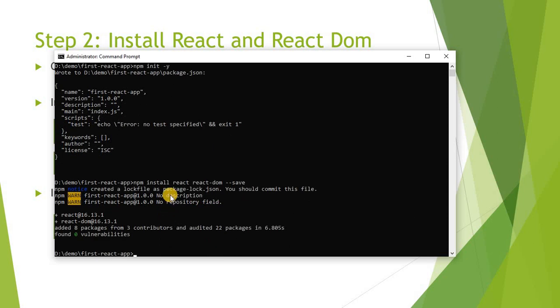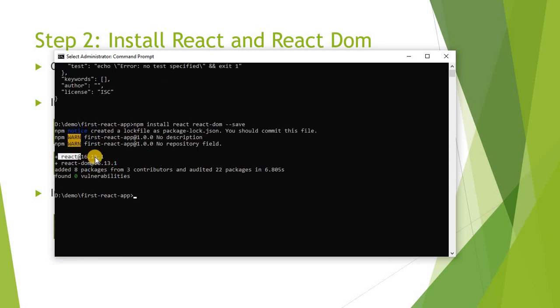If you want to install it globally, simply type npm install -g and then the package name. It will install in the user's directory of your machine. But without using -g, it installs locally in your directory. So it installs only in the first react app folder.